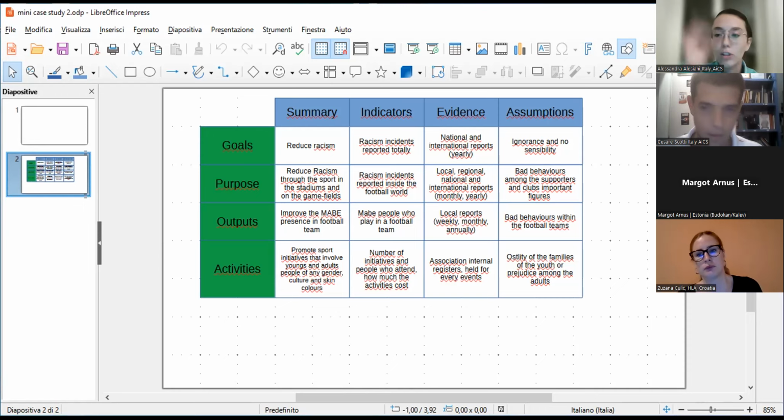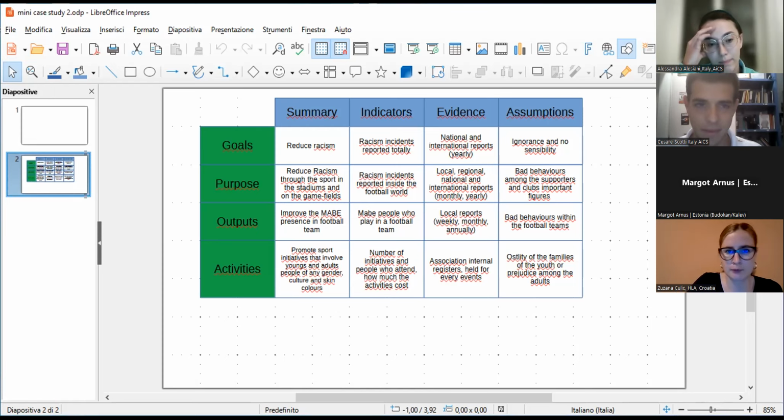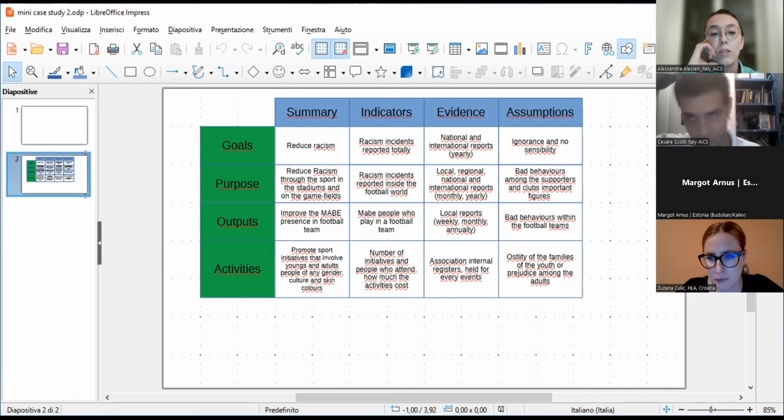Can I ask a question in the meantime? Yeah. Just because it's the first time that I see the chart. When you write the activities and make the summary, when you say promote sport initiatives that involve young adults, people, and gender, culture, and skin colors, do you have to be specific?